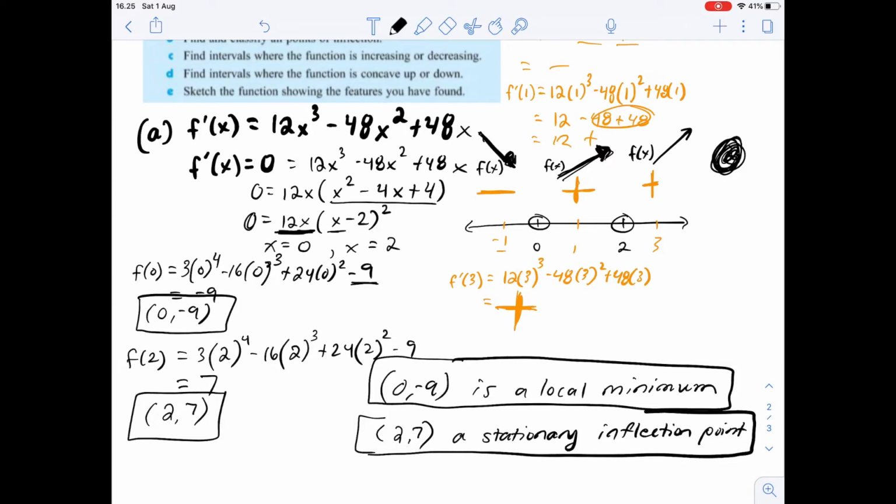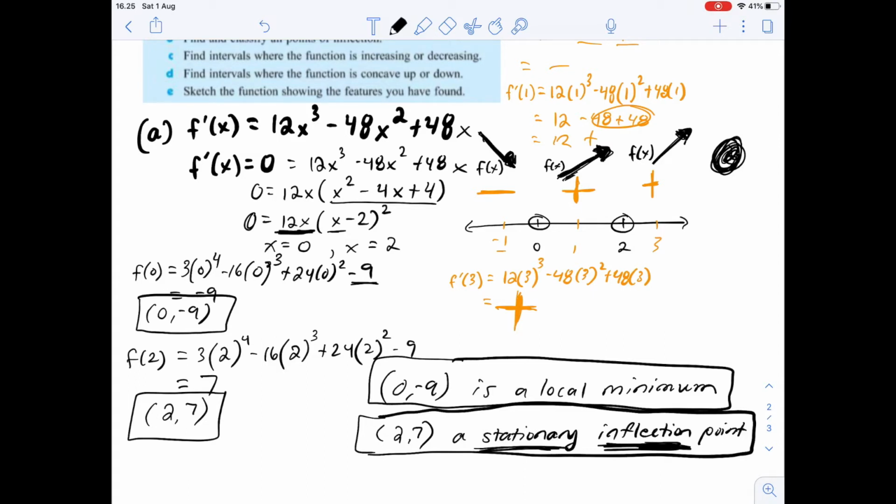And if you recall, what an inflection point means is that the concavity changes. Stationary means that f of x doesn't change here from increasing to decreasing or decreasing to increasing.